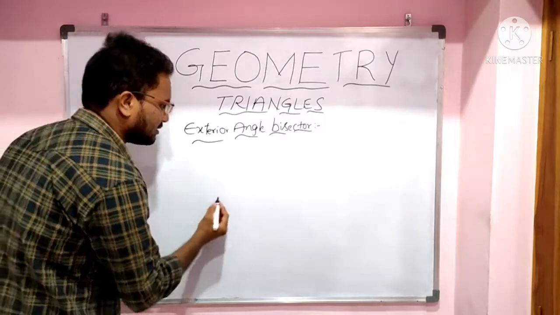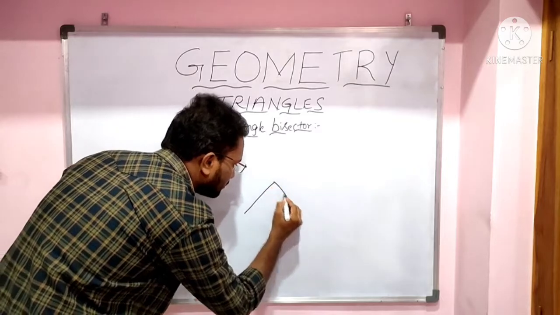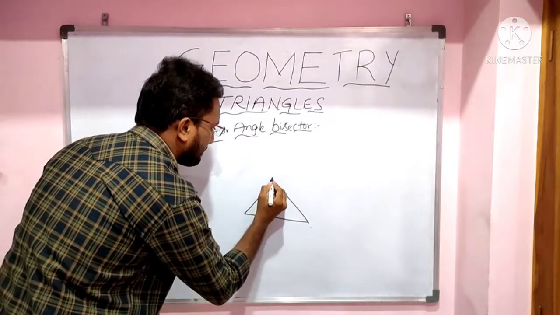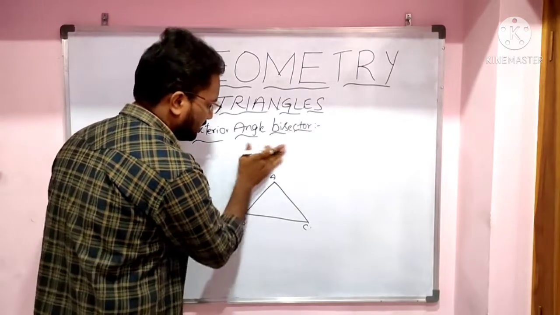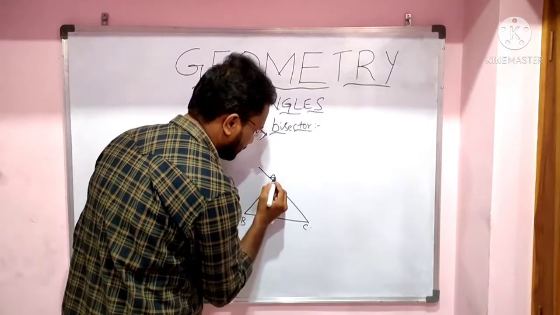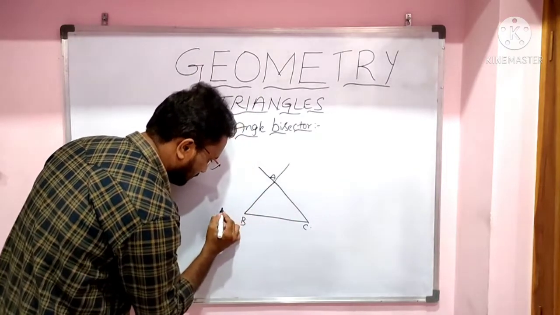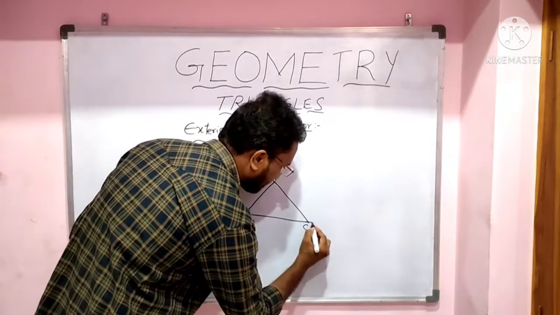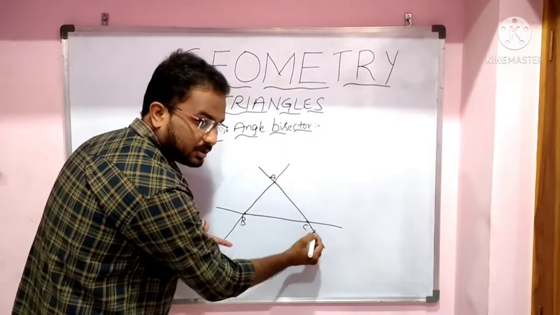So exterior angle bisector means, let us say this is the triangle ABC. In this triangle these are the exterior angles.